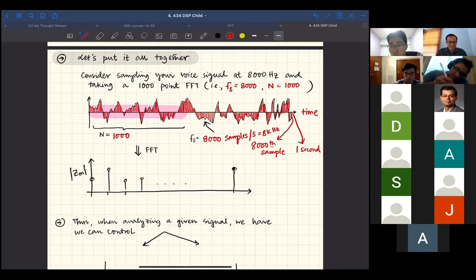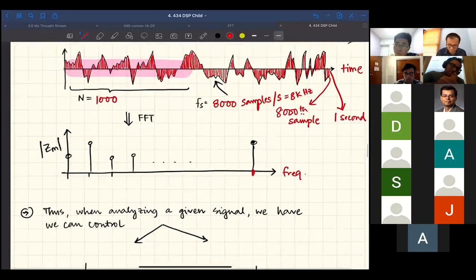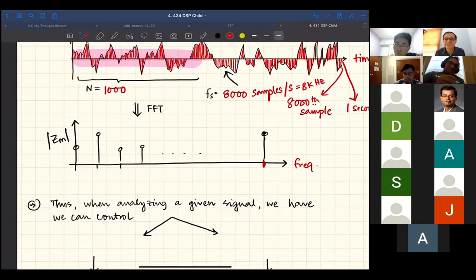Okay. Now, when you take an FFT of that, this is the frequency axis. What should be the maximum frequency that you can see? What is this value?